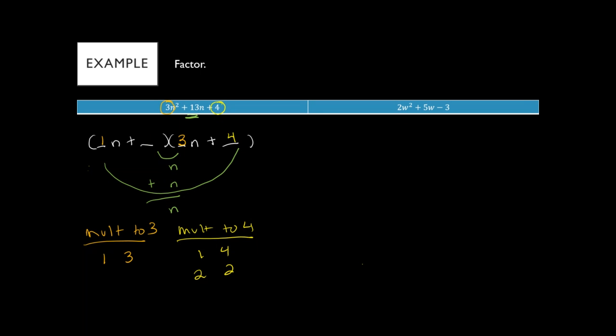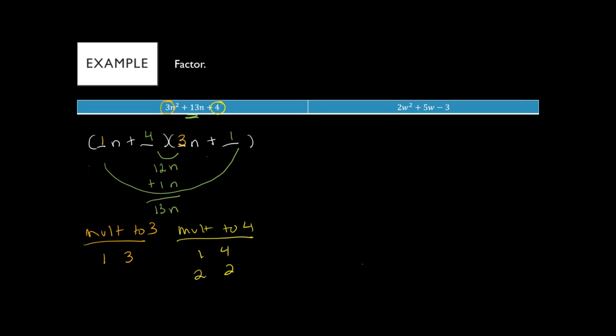So what you do is you flip the numbers. So we'll change the order. 4 times 3 is 12. 1 times 1 is 1. 12 plus 1 is 13. Once you get the correct pair, then you're done.